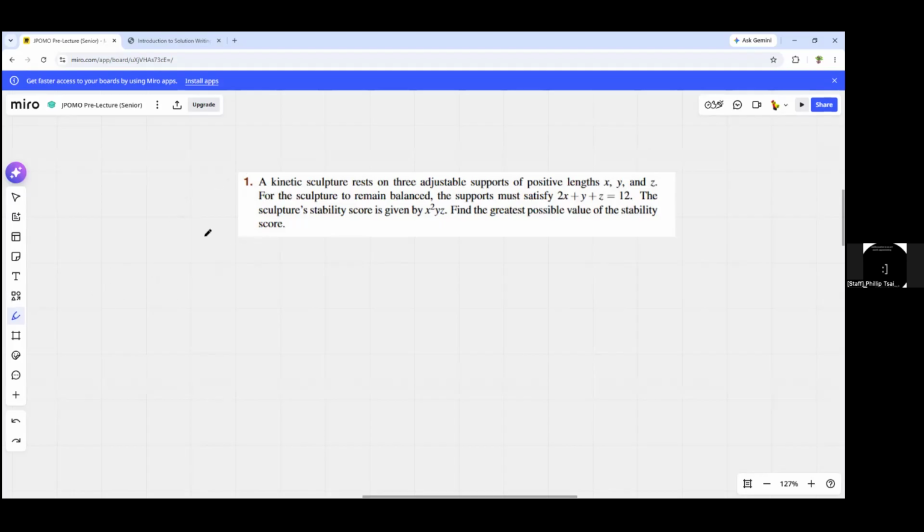You can message here in the chat. But for now, I'll make a write up of the derivative solution. So here's the first solution.